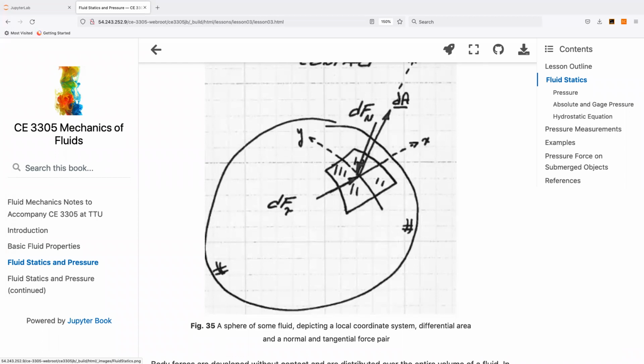So our sphere right there, we've drawn a rectangular region. I think it's supposed to be square, but looks kind of distorted. And we've introduced two arbitrary axes that are tangential to that small little surface. One's labeled X, because that marks the spot.